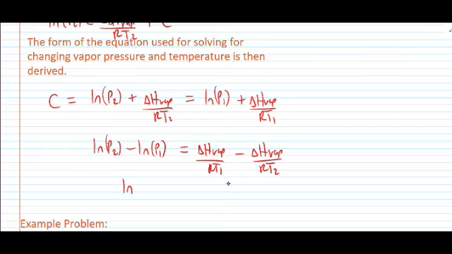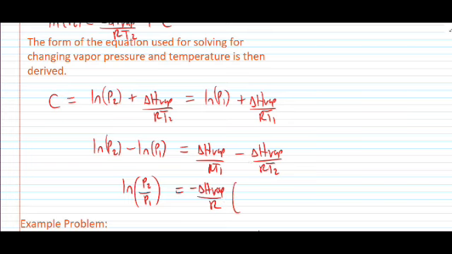One way we can combine those is to set up a fraction, all within the natural log function. The right-hand side, I'm going to pull out a negative delta H of vaporization over R, a constant, negative 1 times this constant.